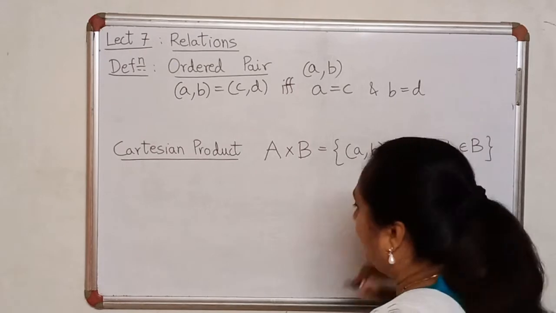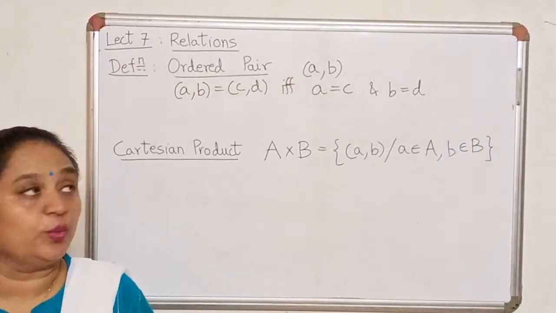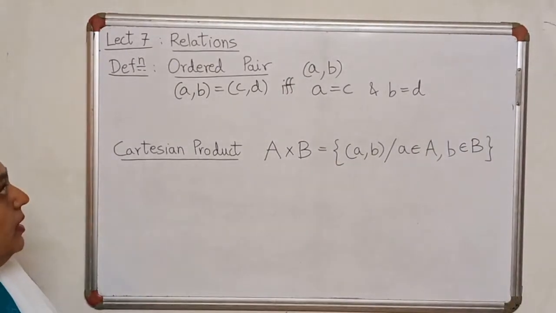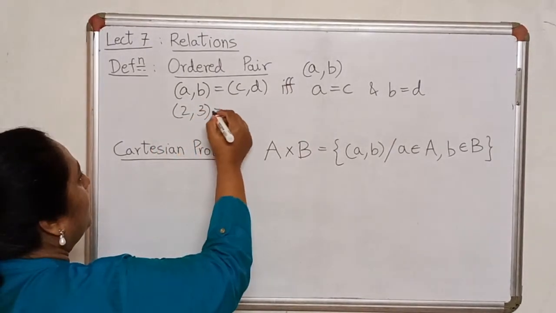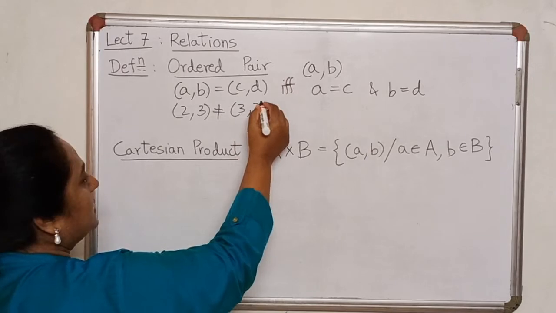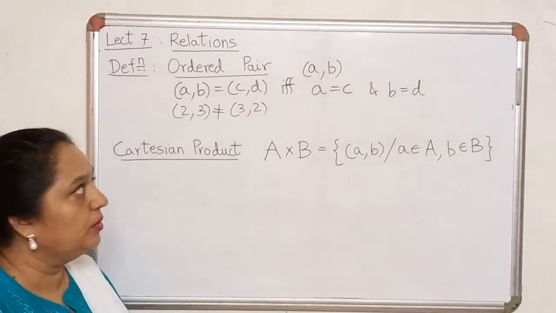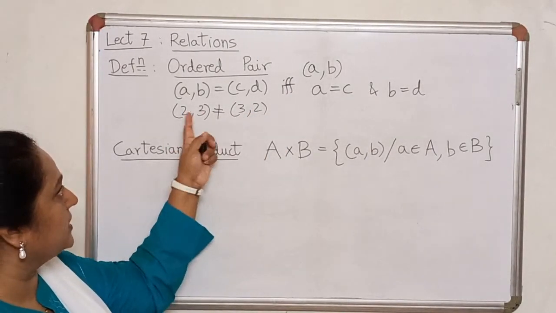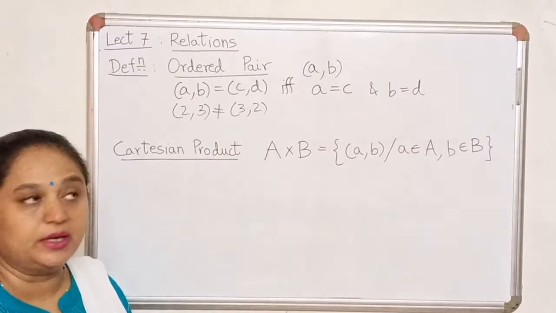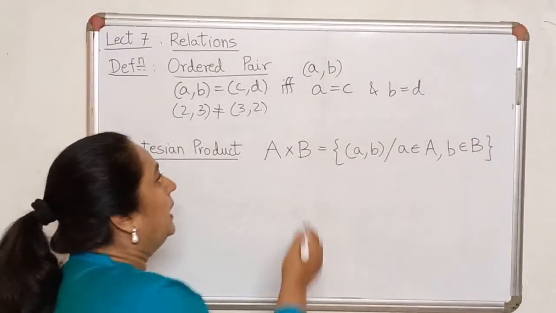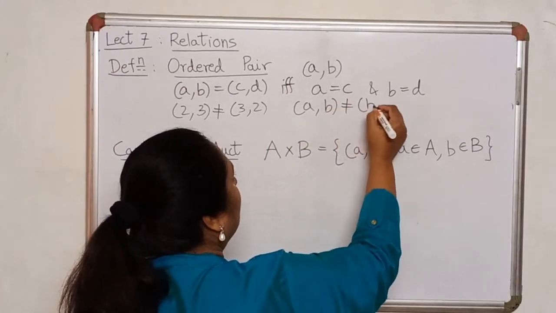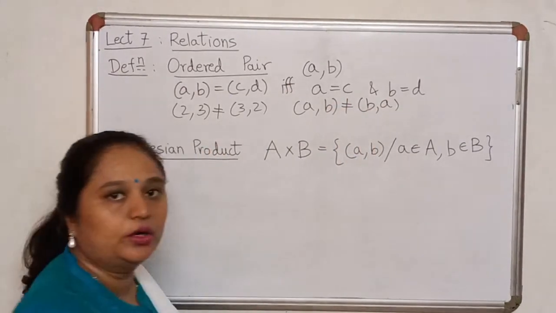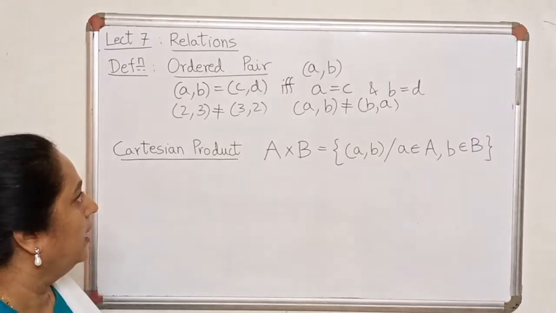So A must be equal to C and B must be equal to D. Therefore, you can see that the ordered pair (2, 3) is not going to be the same as the ordered pair (3, 2), because the first element is not the same as the first element. So in general I can say that the ordered pair (A, B) is not the same as the ordered pair (B, A).